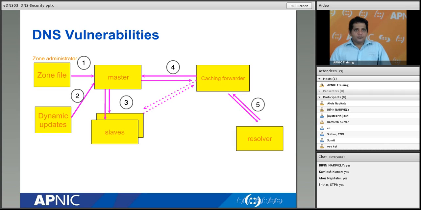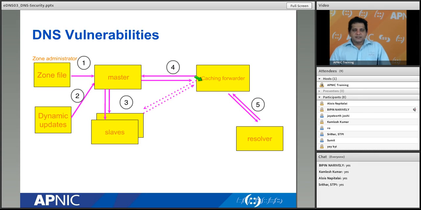And then, of course, we have these caching servers, or what we call caching forwarders. You can see that these are our recursive name servers, where I have my pointer. So that's our caching server or the recursive server.